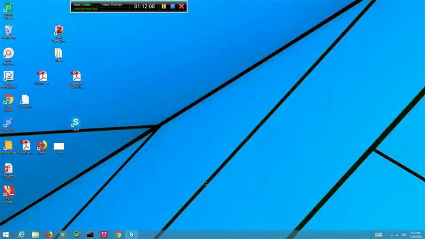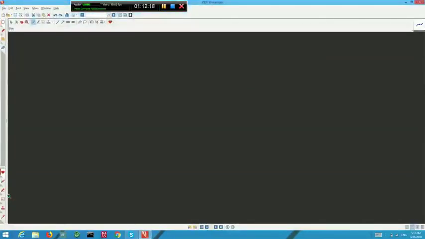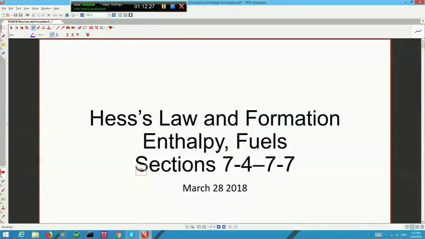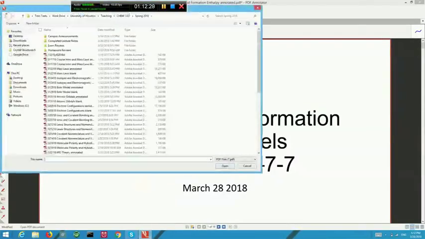Oh, no. That's not good. Please tell me it saved my annotations, or I'm going to be upset. You want me to discard that? You want to see me in an upset state?